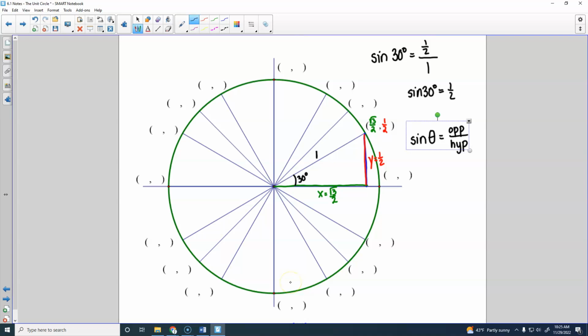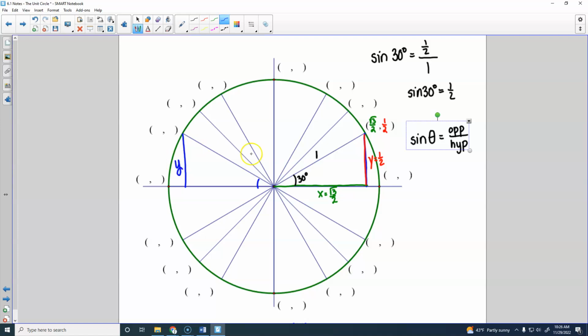Looking at that triangle, the opposite side might not always be 1/2, but it is always going to be your y coordinate. Because your angle is always here, even if you're over on this side, opposite is always that y coordinate, that vertical part.